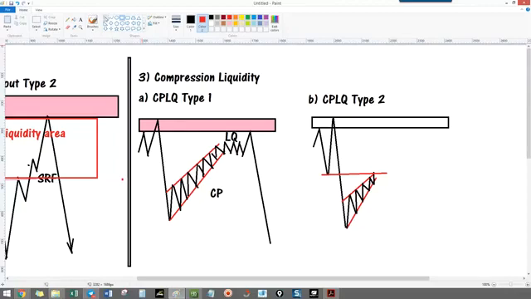What price does next is very shocking. It goes a little bit like this, and then goes up here, not touching this RBS, up here again, and finishes the compression. So this is type 2, the SRF.